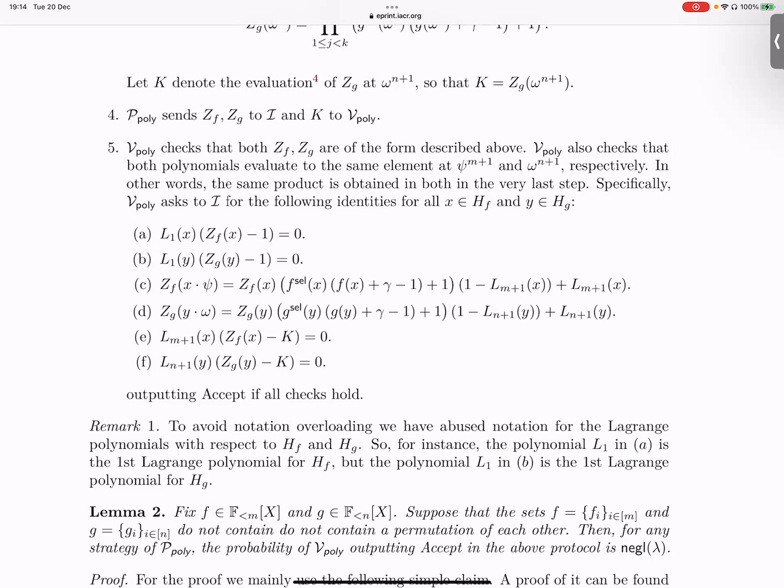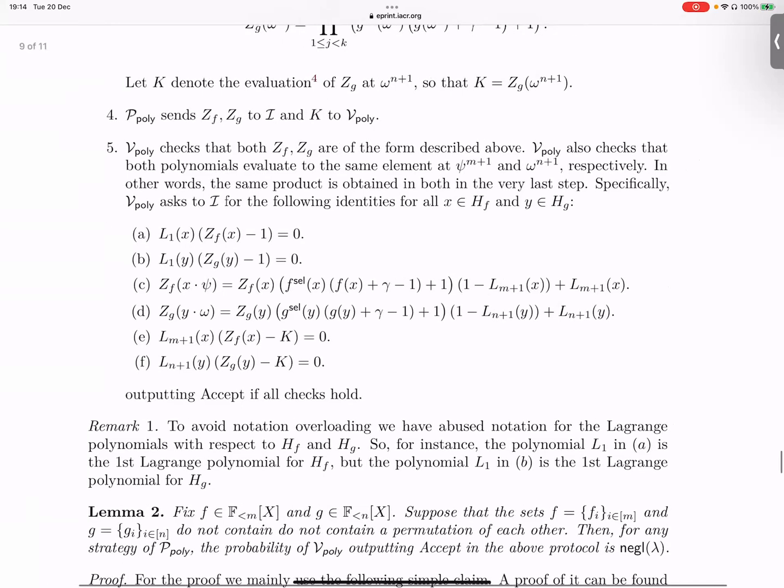This gamma needs to be the same in both columns. Okay, and in the last, E and F, you need to check that actually they have exactly the same constant. It can be any constant, but must be the same in the left and in the right.